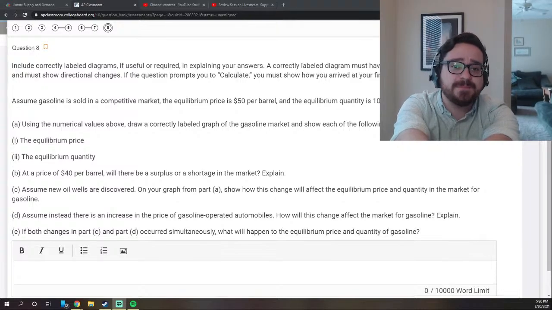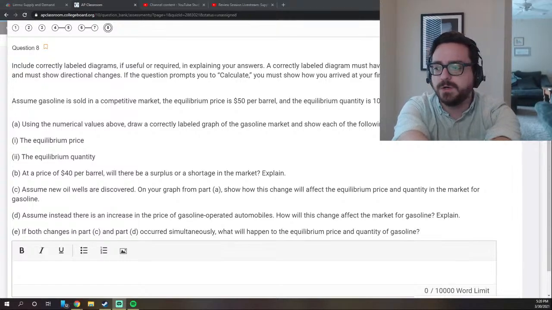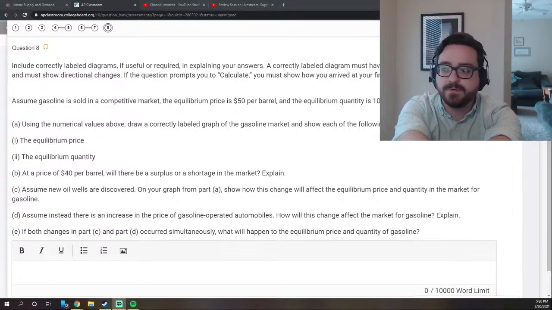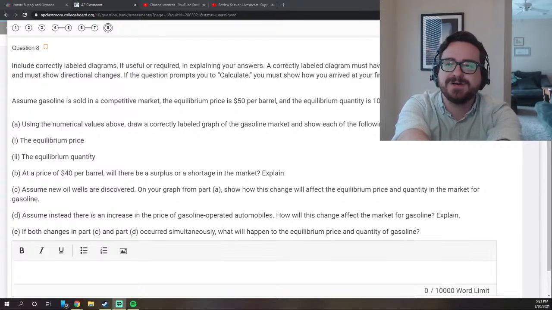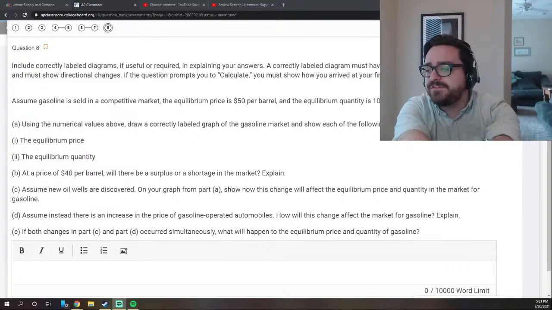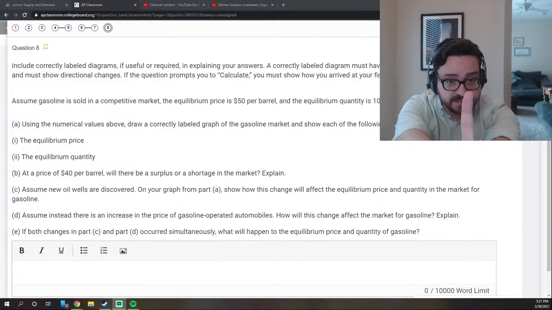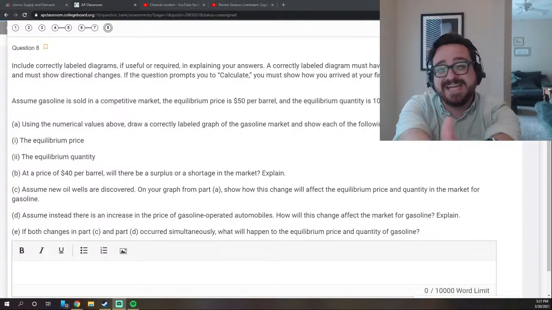This is technically a complementary good. It's a good that uses this good. So if gas-guzzling cars are getting more expensive, I will not want to use gas-powered cars as much. I might splurge on a Tesla if I could afford it. So how will that affect the market? Demand, because it's consumers that are affected there, should go down.